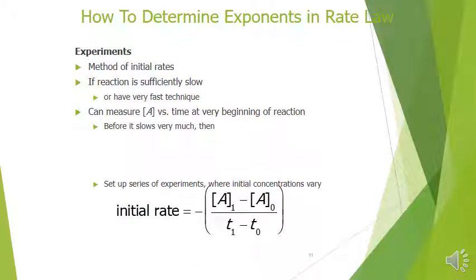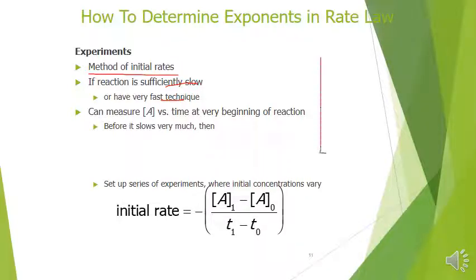The next thing is how to determine the exponents in a rate law. We're going to use initial rates, where the reaction is sufficiently slow, or you have a fast technique, because you want to be able to measure it. You can measure A versus time at the very beginning of the reaction before it slows very much.